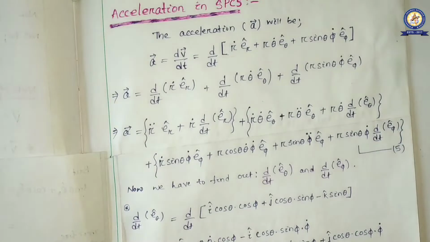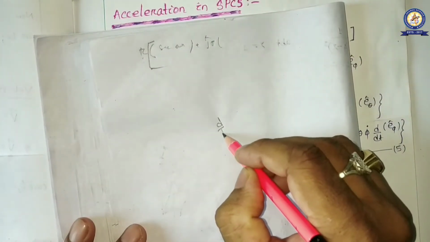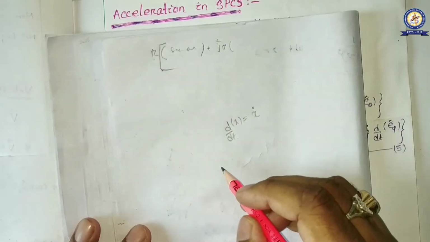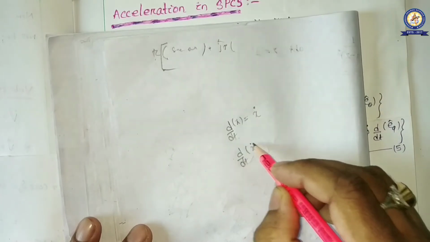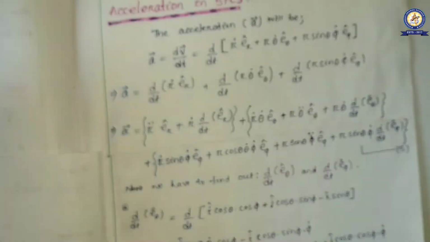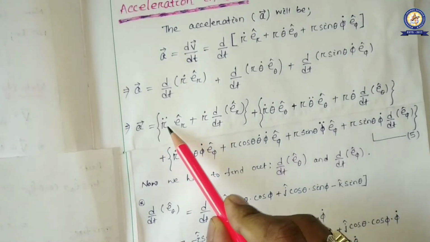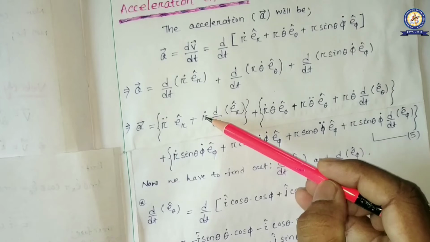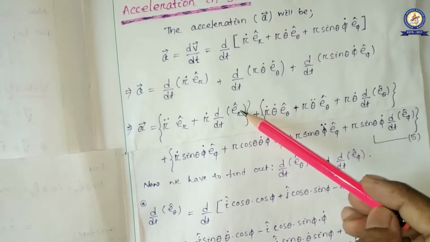Previously we already discussed that if we consider d by dt of x, it can be written as x dot. Then d by dt of x dot will be x double dot, right? So here d by dt of r dot will be r double dot e_r cap, then r dot will remain there, d by dt of e_r cap.